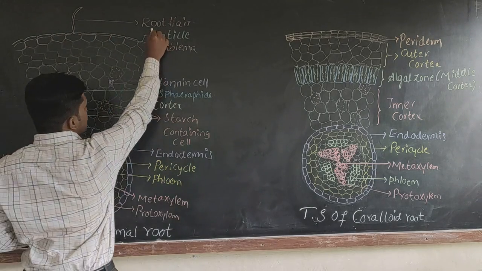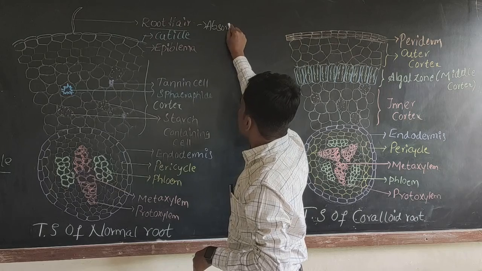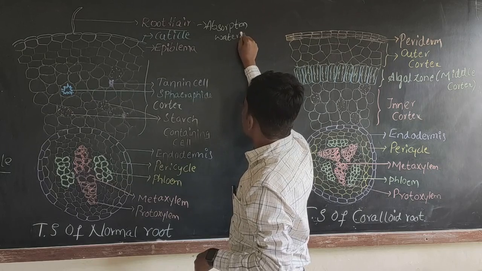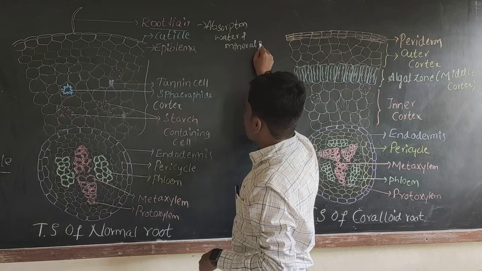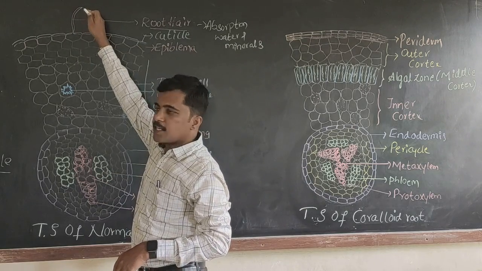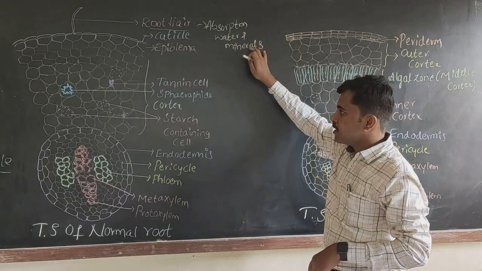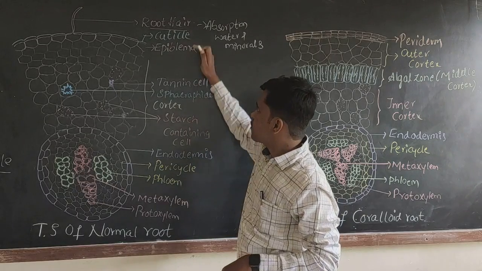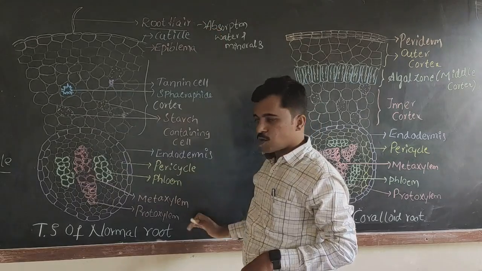The main function of these root hairs is to help in absorption of both water and minerals. So this is about the outer layer of the root, which mainly constitutes root hairs, cuticle and epidermis.